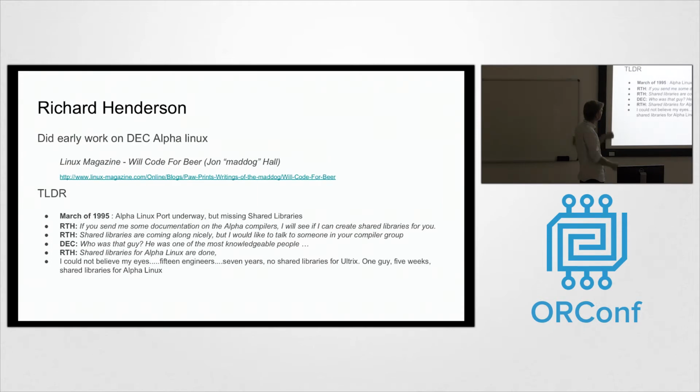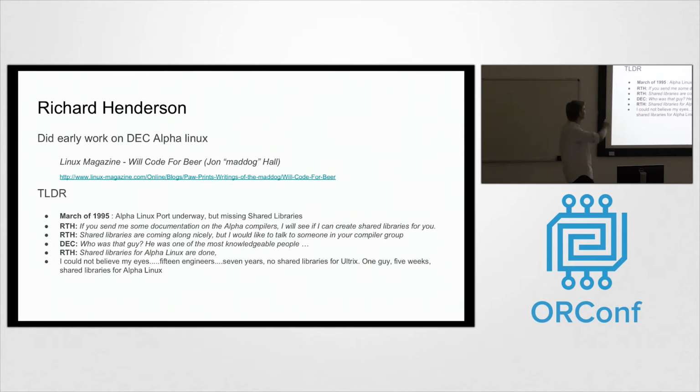He'd been working on OpenRISC a bit for a while, but just some history of Richard Henderson, what I can find on him. There's this Linux magazine article, We'll Code for Beer. So Richard is known for working on the DEC Alpha Linux, which was an old CPU, a really cool CPU, but it was a bit too complicated and it died out.